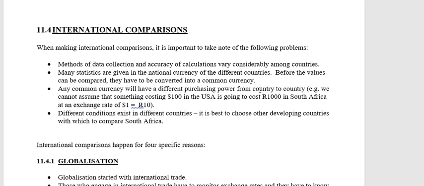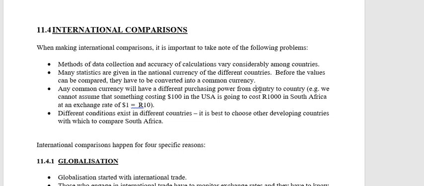But when we do this, we also have to remember that if we express the rand value in terms of the dollar, for example, that will have a different purchasing power from one country to the other. So it's wrong to assume that something costing $100 in America is going to cost 1,000 rand in South Africa when we use an exchange rate, for example, of 10 rand to the dollar.